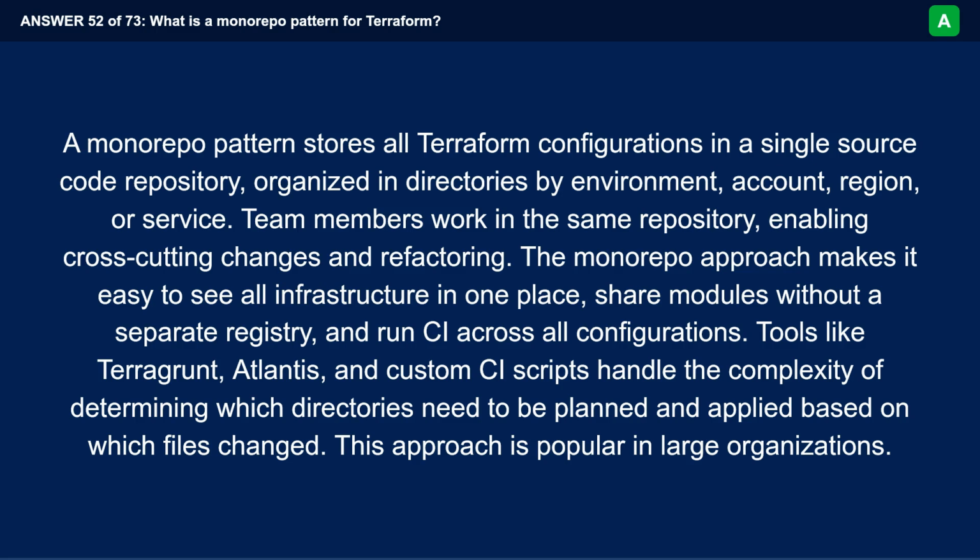The monorepo approach makes it easy to see all infrastructure in one place, share modules without a separate registry, and run CI across all configurations. Tools like Terragrunt, Atlantis, and custom CI scripts handle the complexity of determining which directories need to be planned and applied based on which files changed. This approach is popular in large organizations.